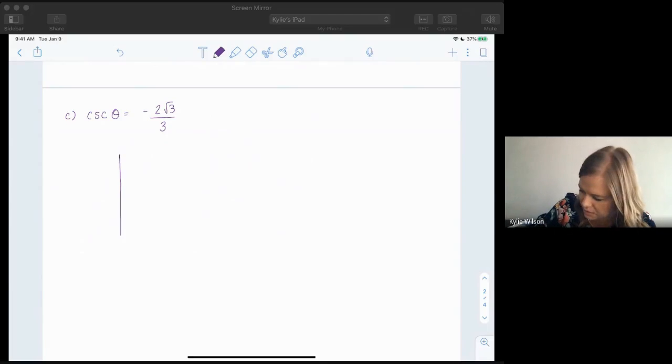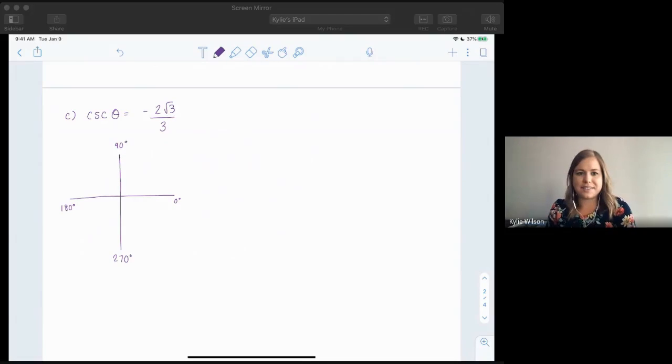Just so we have it, I'm going to draw out my Cartesian plane, 90, 180, 270, like this. And now I need to find my related acute angle. The tricky bit is I don't have a cosecant button on my calculator.